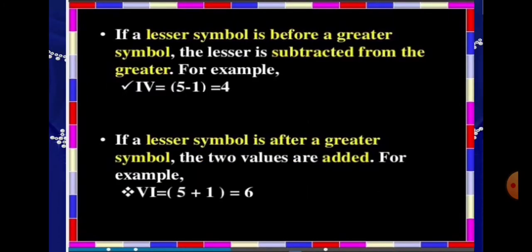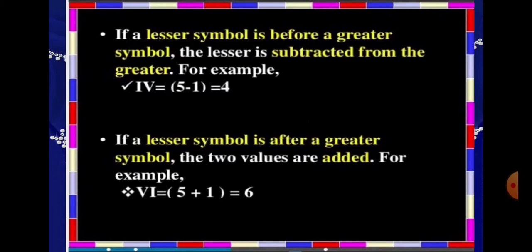If a lesser symbol is before a greater symbol, the lesser is subtracted from the greater. For example, IV is equal to 5 minus 1, that is equal to 4. Because V is greater than I, I is subtracted from V, that is 5 minus 1.